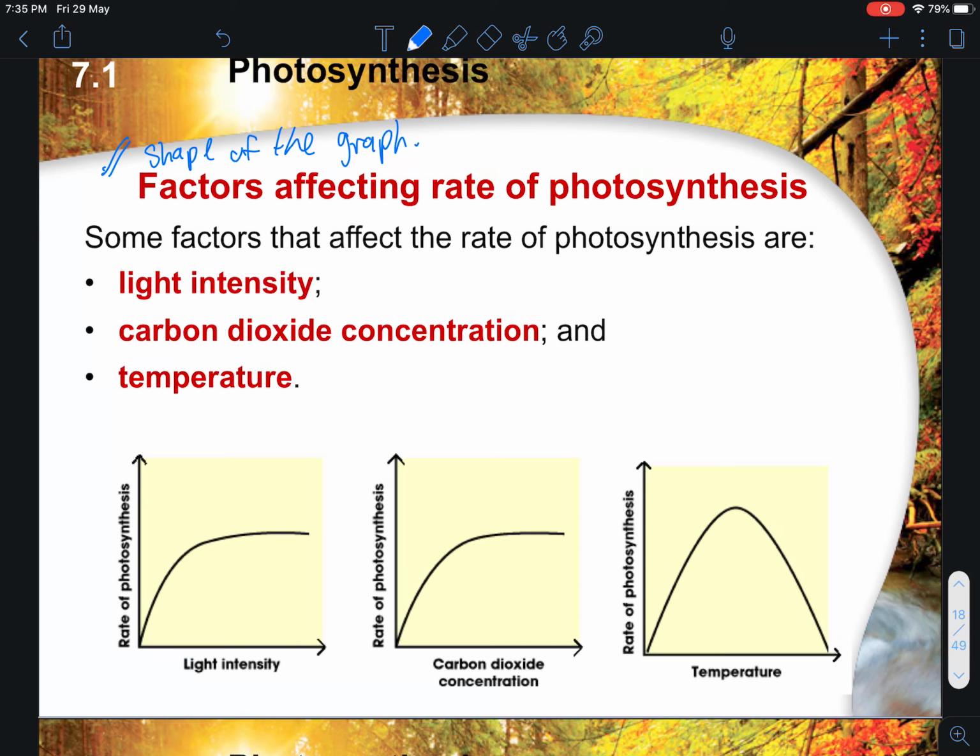So when we look at the shape of the graph, for example light intensity, as the light intensity increases, the rate of photosynthesis will also increase. But then it will only increase to a certain point.